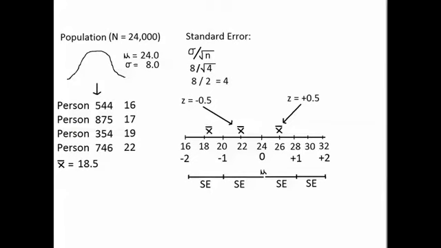By looking at this number line, we can see that 18.5 is about halfway between 16 and 20. That means that our sample mean of 18.5 should have a z-score of about negative 1.5.